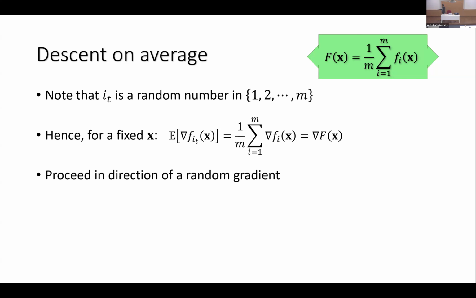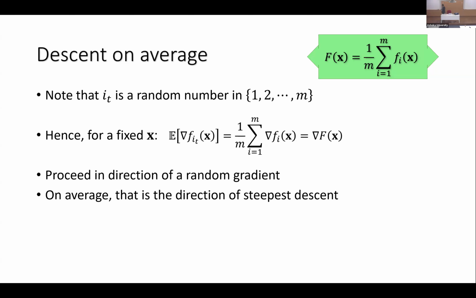Essentially, by proceeding in the direction of the gradient of one of the terms, which is randomly selected, we end up going in the descent direction on average, or in expectation. So on average, this is the direction of steepest descent.